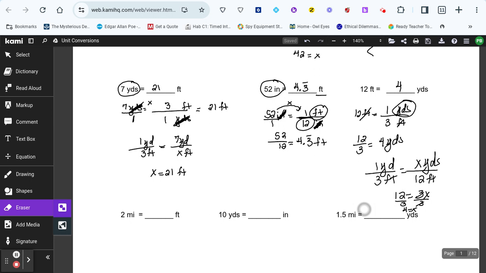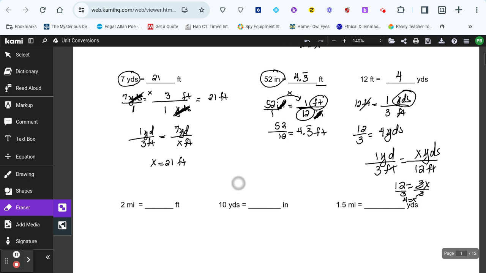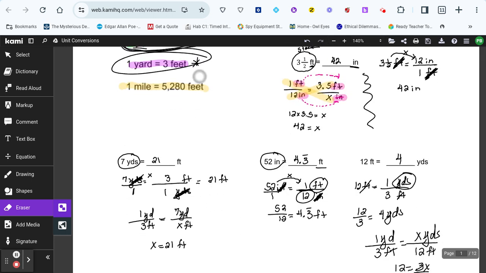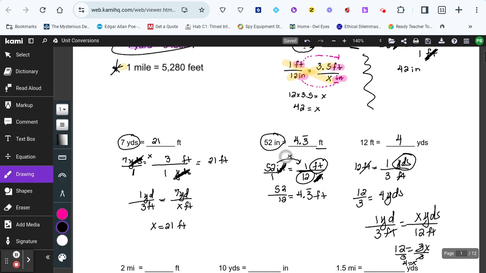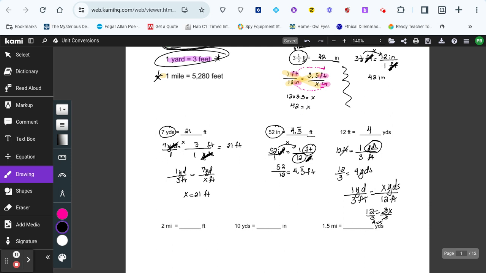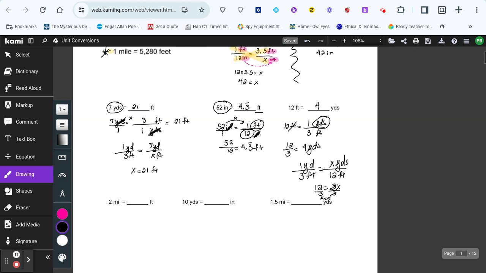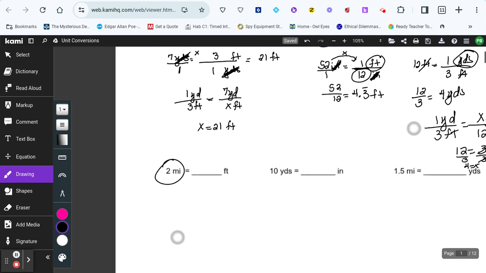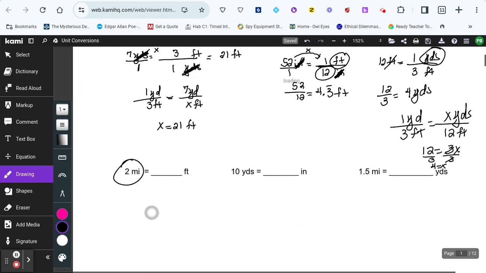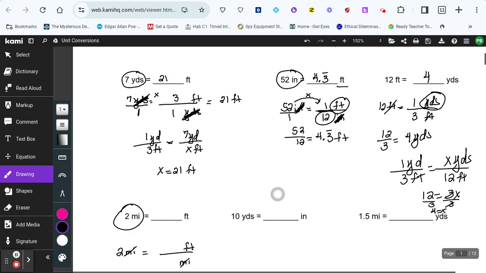Okay. So now let's do miles to feet. Let's use this one. This is going to be the one we use, miles to feet. Okay, so I know I'm going to start with 2 miles. And I want miles to cancel. So miles is going to my denominator.